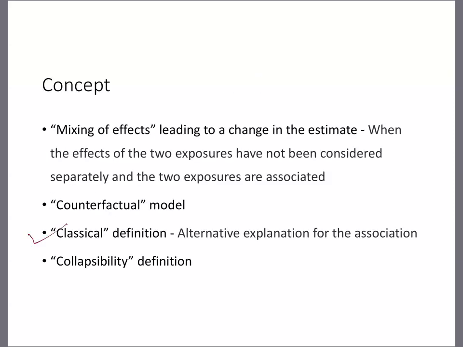That is the classical definition, in which we are looking at alternative explanations for the association, and then the collapsibility, which was mentioned in terms of stratification, and checking for effect modification, and then confounding comes here. So we will look at these two in more detail.